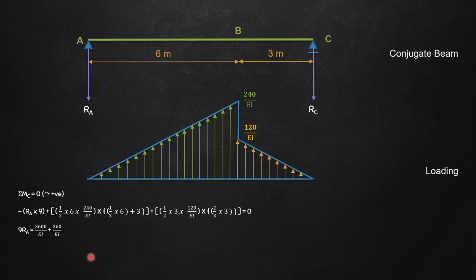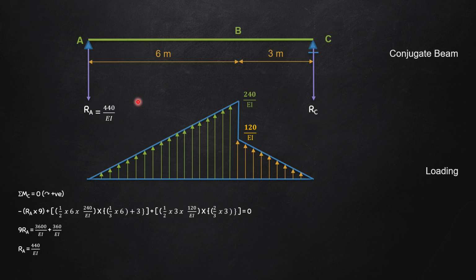If you simplify this, you get somewhat like this. I have solved it and you can find the value of RA is equal to 440 divided by EI. Now since this has come as positive, my chosen direction of downwards is correct. So I'm going to write RA is equal to 440 divided by EI.